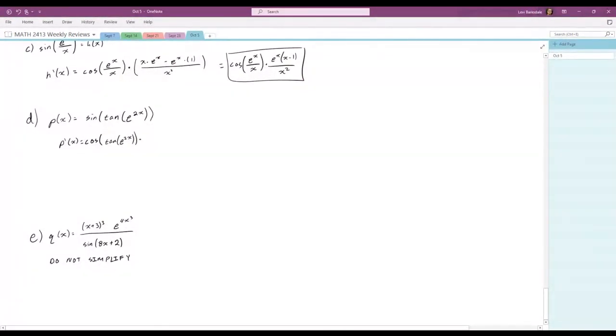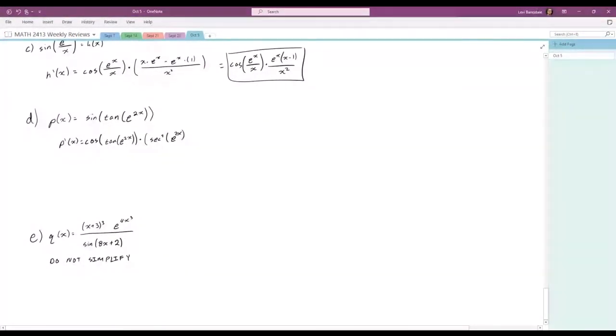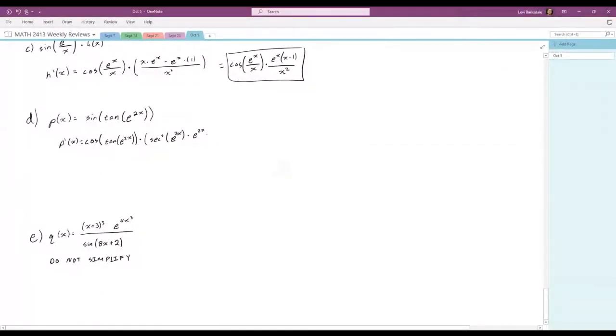But then we multiply by the derivative of the inside. Well, the derivative of tangent, we also know. Derivative of tangent is secant squared. Leave the inside alone. But then we also have to multiply by the inside of that. Derivative of e to the 2x would be e to the 2x multiplied by the inside of that, which is the derivative of 2x, which is 2. And then we have all kinds of closing parentheses.